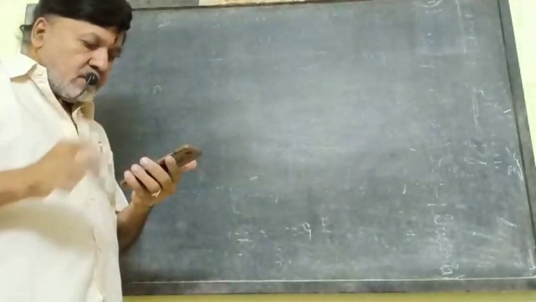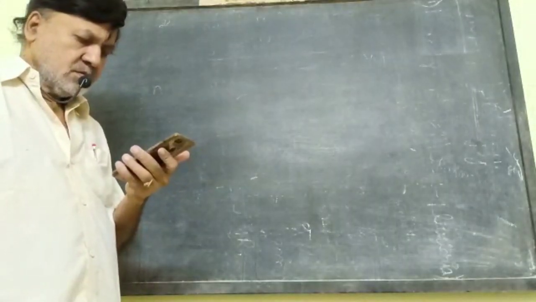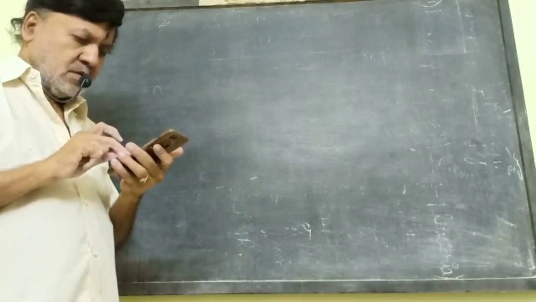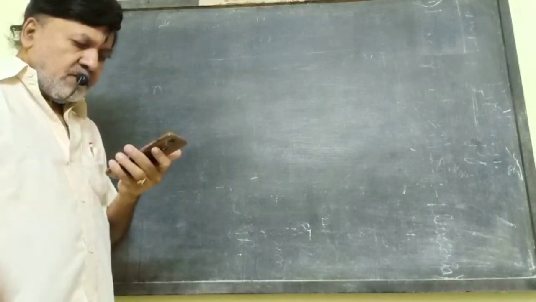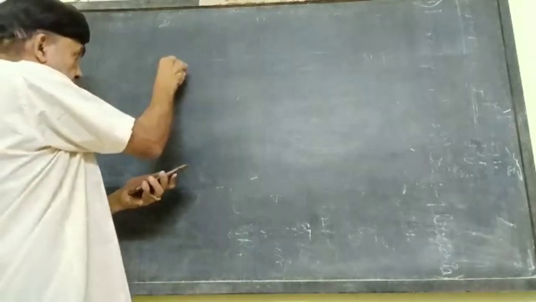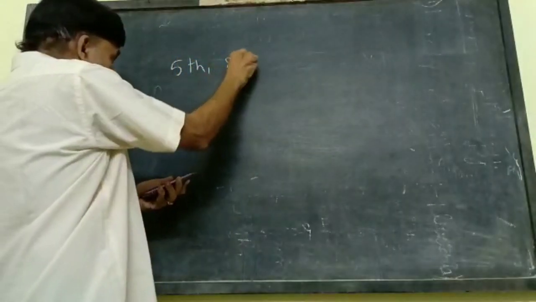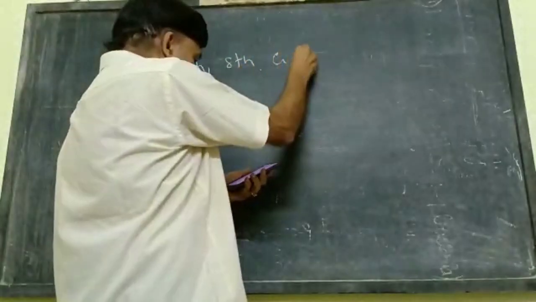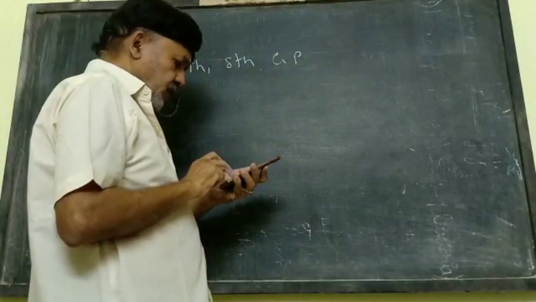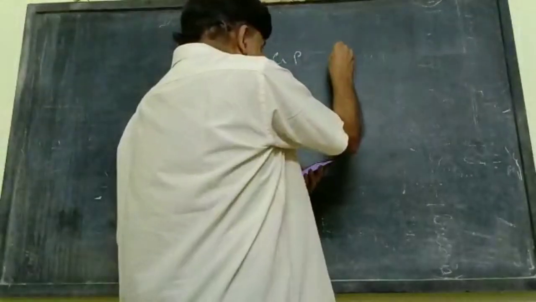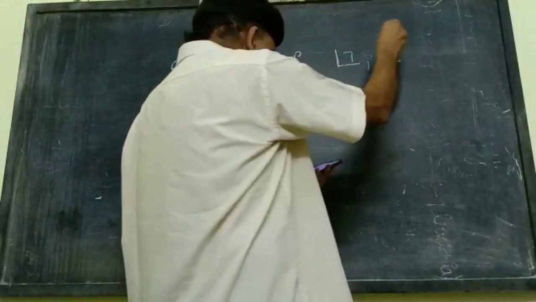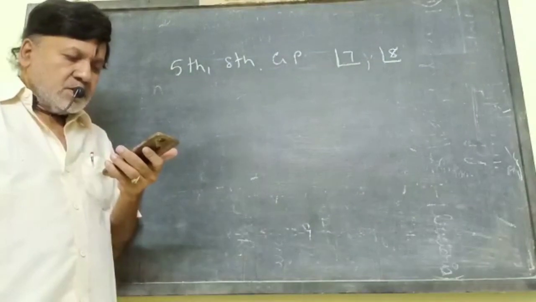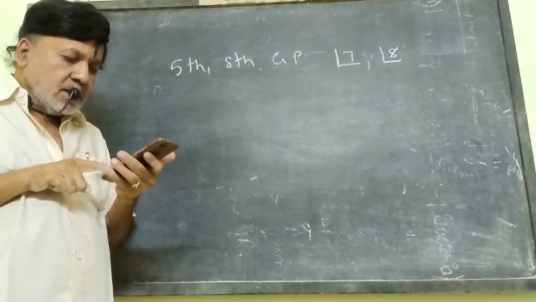Our next question is the following. The fifth and eighth terms of a geometric progression are factorial 7, factorial 8 respectively.